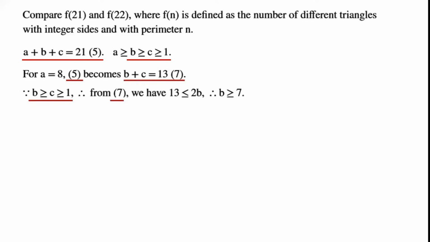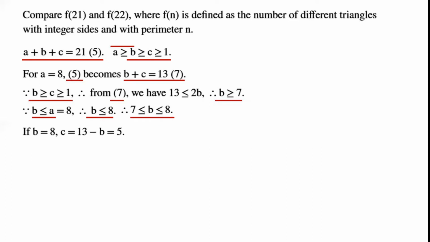So from equation 7, we have 13 ≤ 2b, so b ≥ 7. Because b ≤ a = 8, 7 ≤ b ≤ 8.